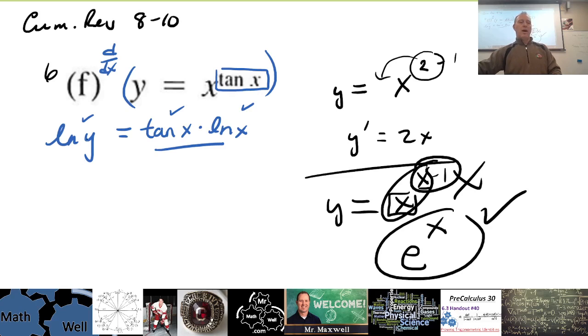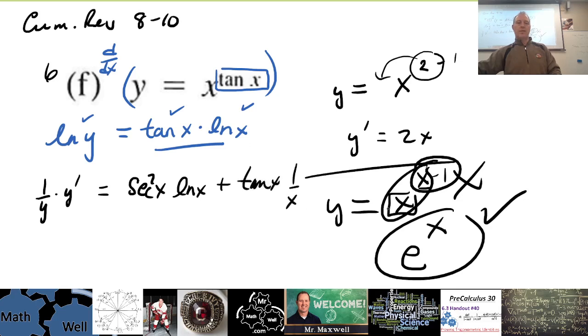So ln of y is going to be 1 over y times y prime, because we're implicitly differentiating. Now we have to think about product rule. The derivative of tan is secant squared x. So it's the derivative of the first times the second, plus the first times the derivative of the second, which is 1 over x.